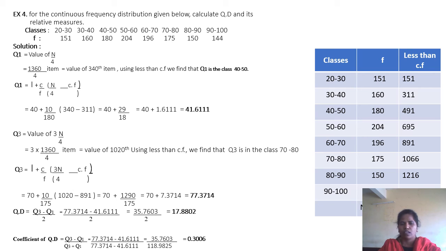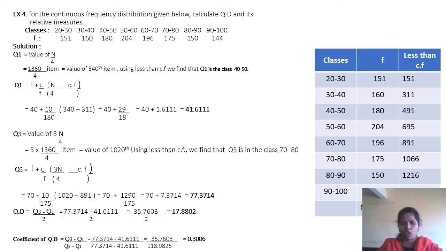Q3 is 77.3714, Q1 is 41.6311, divided by 77.3714 plus 41.6311, which equals 35.7603 divided by 118.9825, which equals 0.3006.